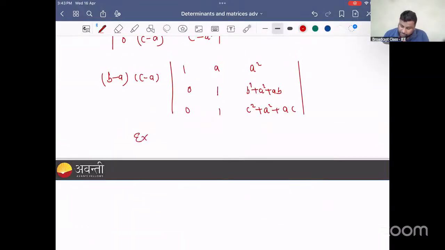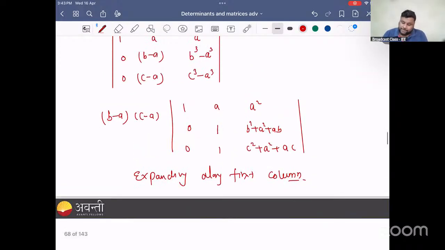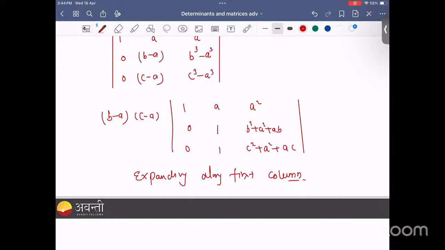First row, first column. So if I expand it along the first column, you get your desired result, that is (a minus b)(b minus c)(c minus a) into (a plus b plus c). Understood? Is it okay? Okay, sir.